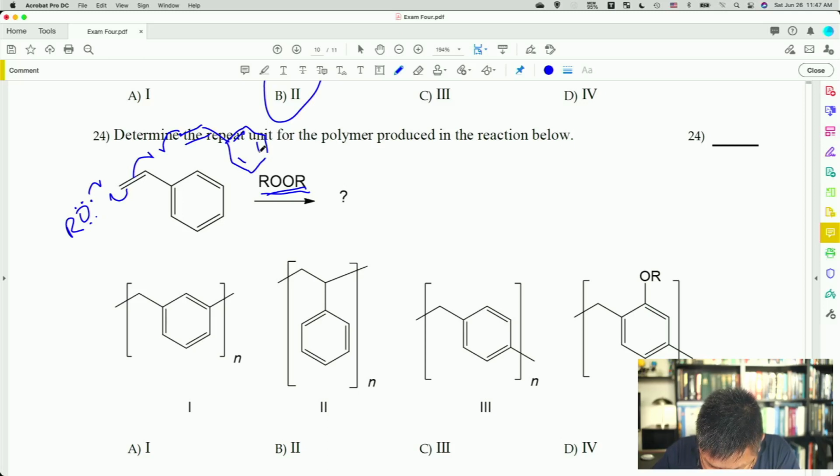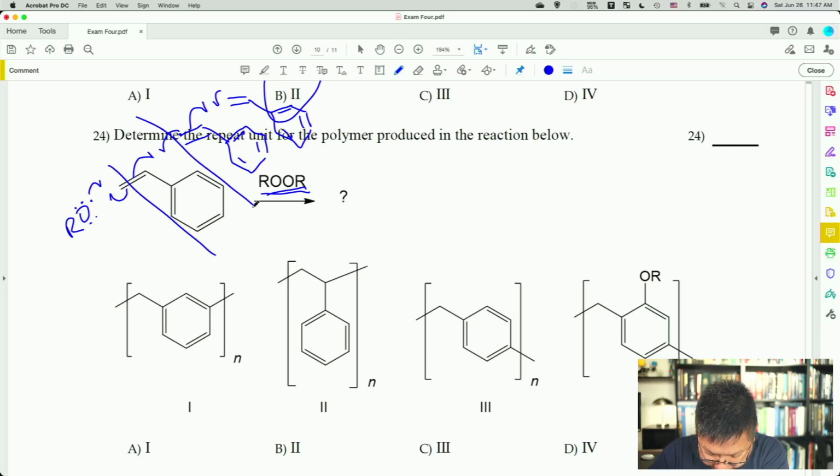Right? And then this one can do the same thing again and attach itself to another benzene monomer. So quite literally, you are propagating this radical reaction until it terminates. So the repeating species is going to be one that looks like this, right?